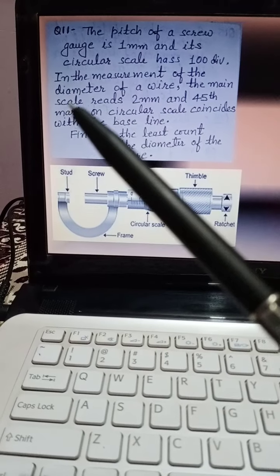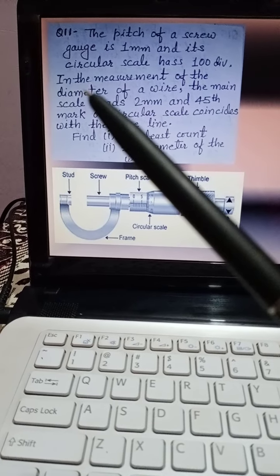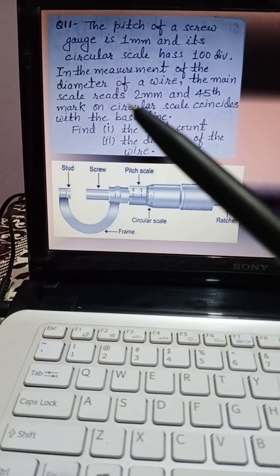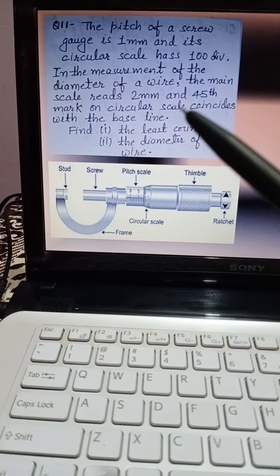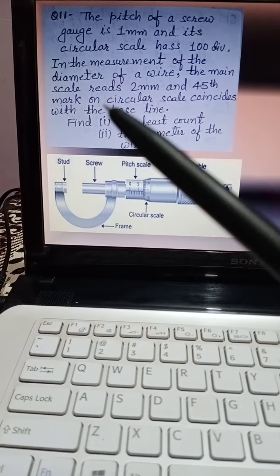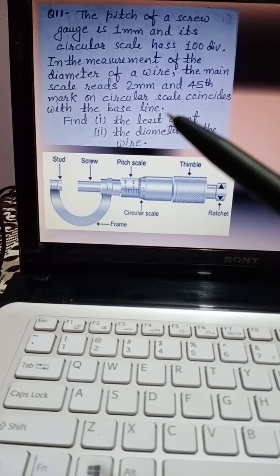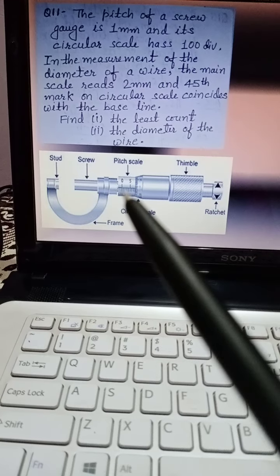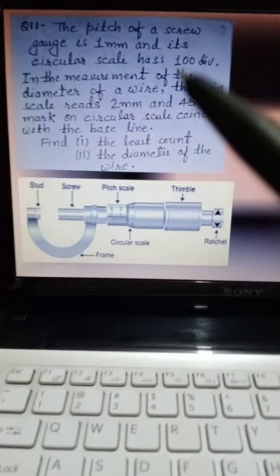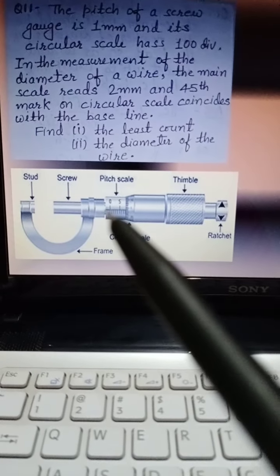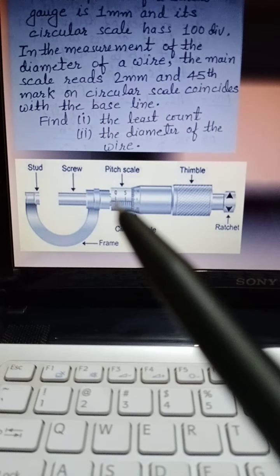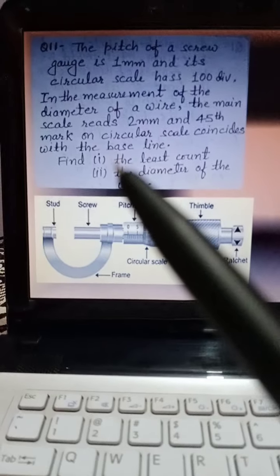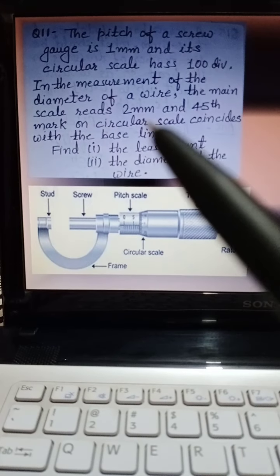Next, the question says that in a measurement of the diameter of a wire, the main scale reads 2 mm and the 45th mark on the circular scale. So the main scale is 2 mm, as you can observe here in the reading, which goes from 0 to 5 mm.